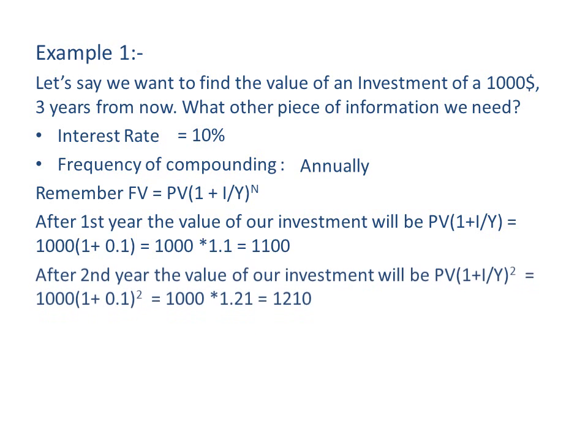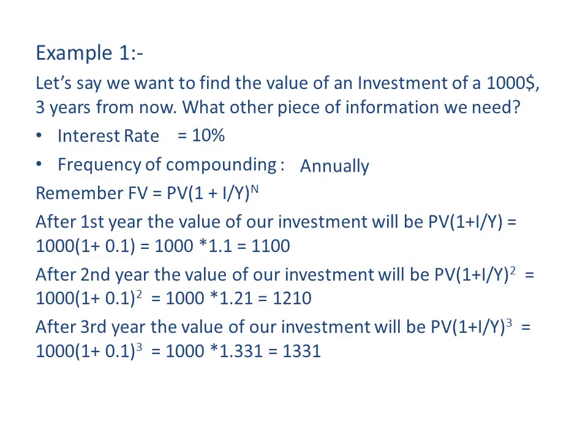After second year, the value of our investment will be PV multiplied by 1 plus I by Y to the power 2, which is equal to 1000 multiplied by 1 plus 0.1 to the power 2, which comes to 1210.